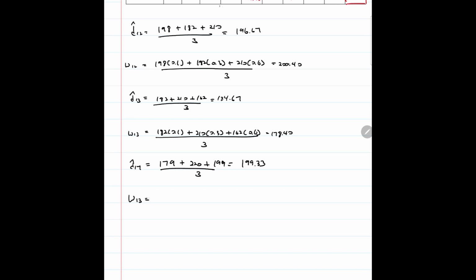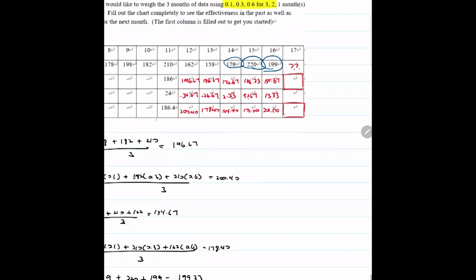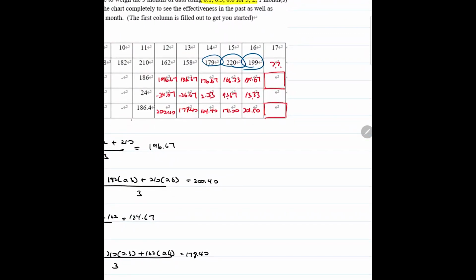And weighted value, which is 2, 3. So let's fill this one out.